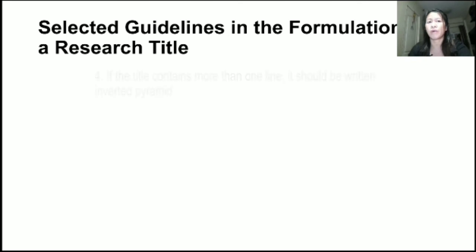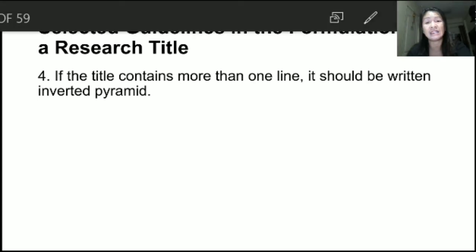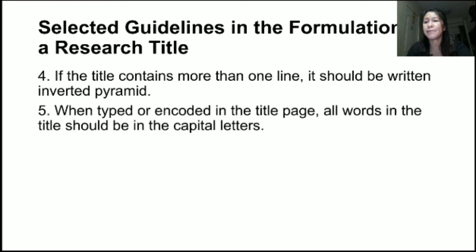Let's go to number 4. If the title contains more than one line, it should be written in inverted pyramid. I'm sure you know this by now. If the title is short, you can have a 2-line title. Of course, the first line is longer than the second. If longer, you know the inverted pyramid guideline in writing a title. Okay? Next, number 5.